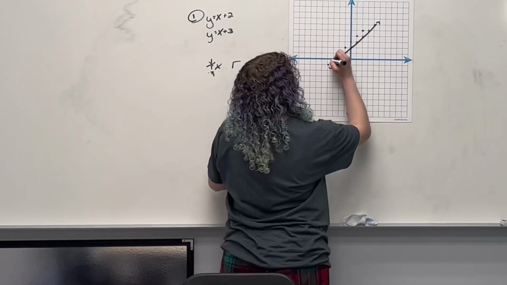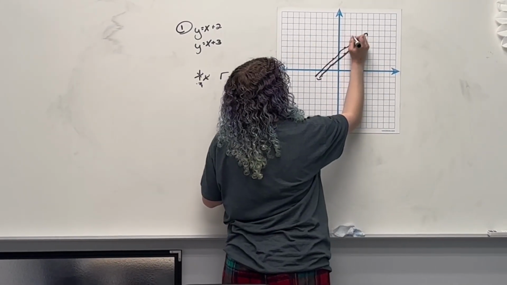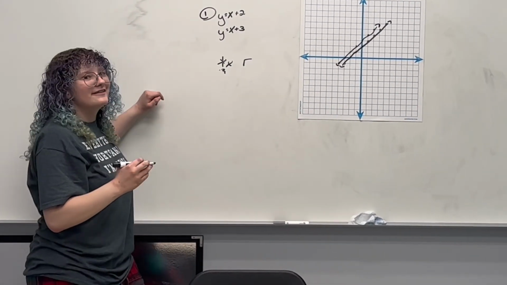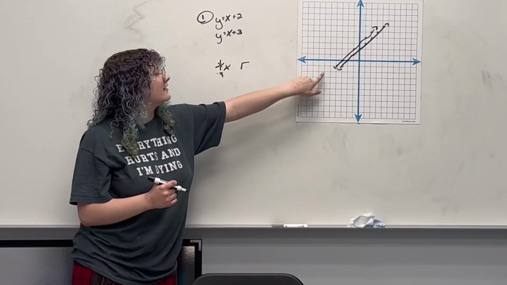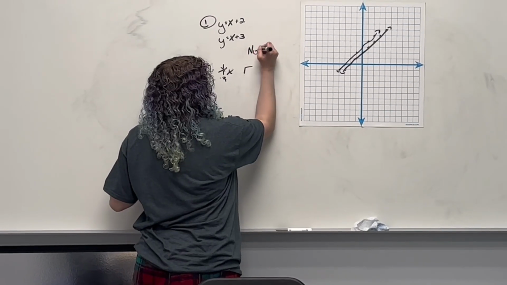And then this will be your second line, which again is very wavy. And in this equation, since both have the same slope, they're parallel. So that means there's no solution.